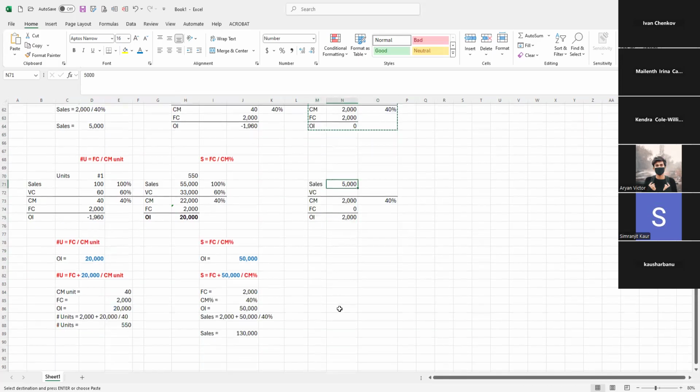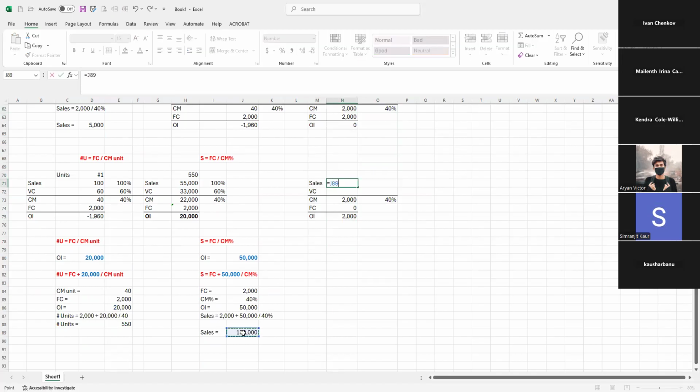So if my sales are $130,000 and I'm generating 40%, my contribution margin is 40% of the sales, and my fixed costs are still $2,000, then my operating income is exactly where I want it, $50,000. And I get what I wanted with the sales that I calculated that I need to achieve. Make sense?